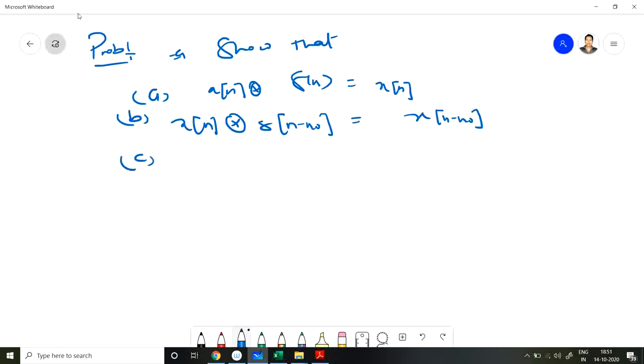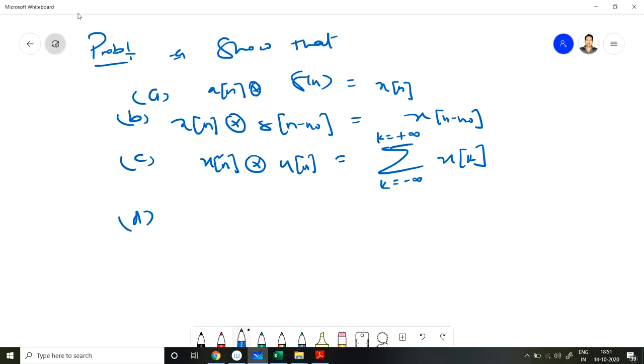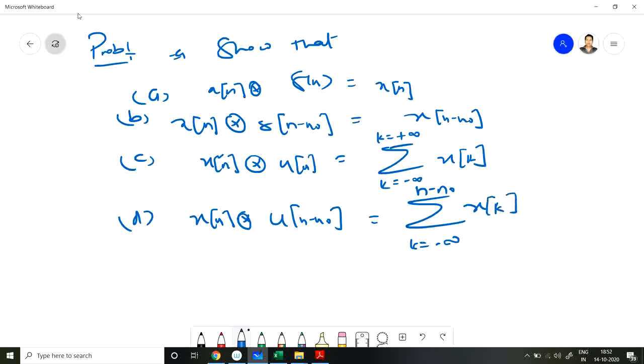The third is x[n] convolution with u[n] is equal to summation k equals minus infinity to plus infinity x[k]. Next is x[n] convolution with u[n minus n naught] is equal to summation k equals minus infinity to n minus n naught x[k]. So these are properties that we have to prove.